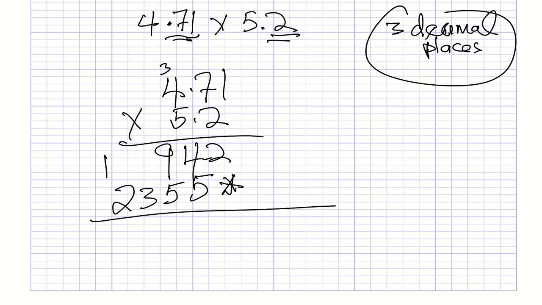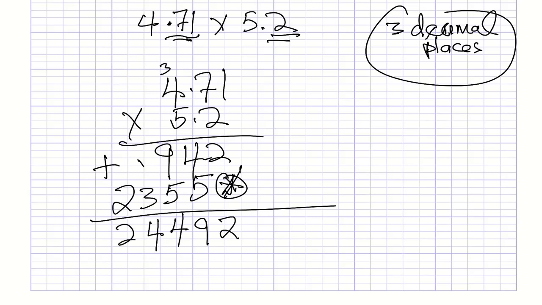And then you add things up, right? You bring down, see here is 0, but you normally don't write it. Bring down 2. 4 plus 5 is 9. 9 plus 5 is 14. You write 4, carry 1. Okay. 3 plus 1 is 4.